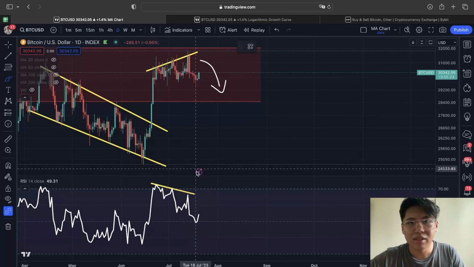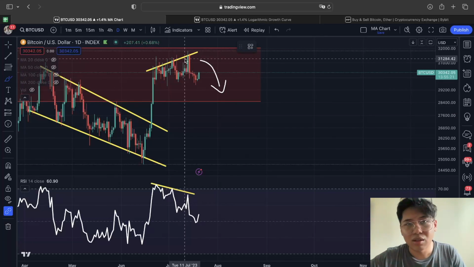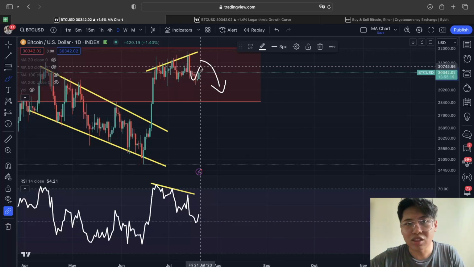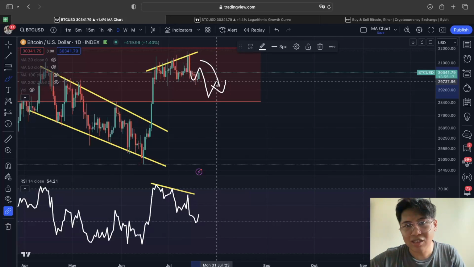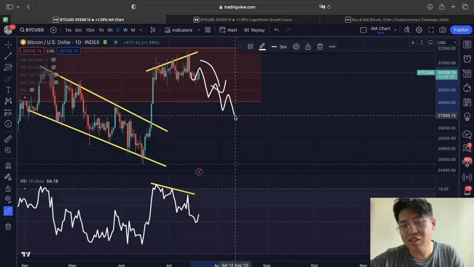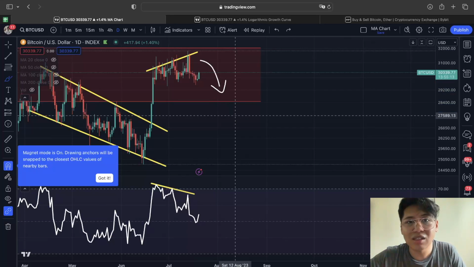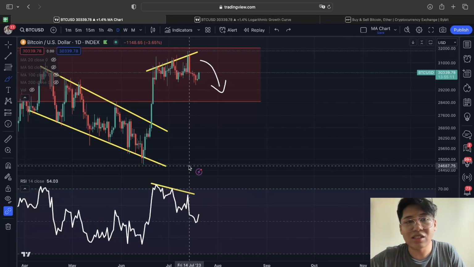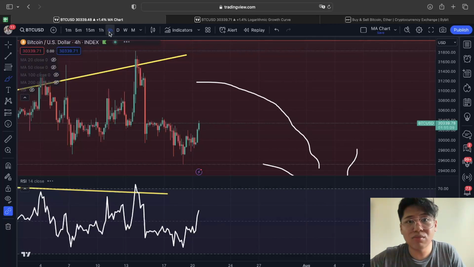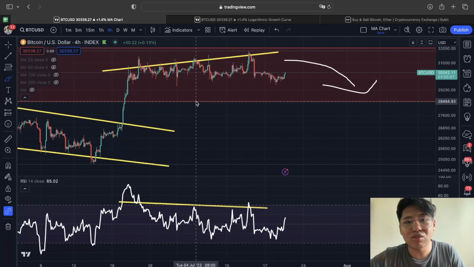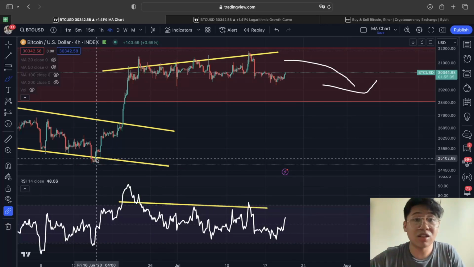We might see from time to time a pump, a bullish retracement, then dump, retrace, dump. That is more likely how we are going to see this. And right now we are seeing a similar bullish retracement for the very short term. But one thing to take note of is there is also a bearish divergence in the 4-hour time frame.